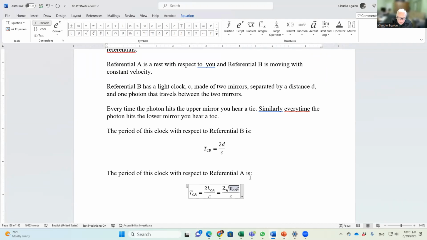T of the clock. I'm going to put that T of the clock with respect to A, and we have to square that, plus square.